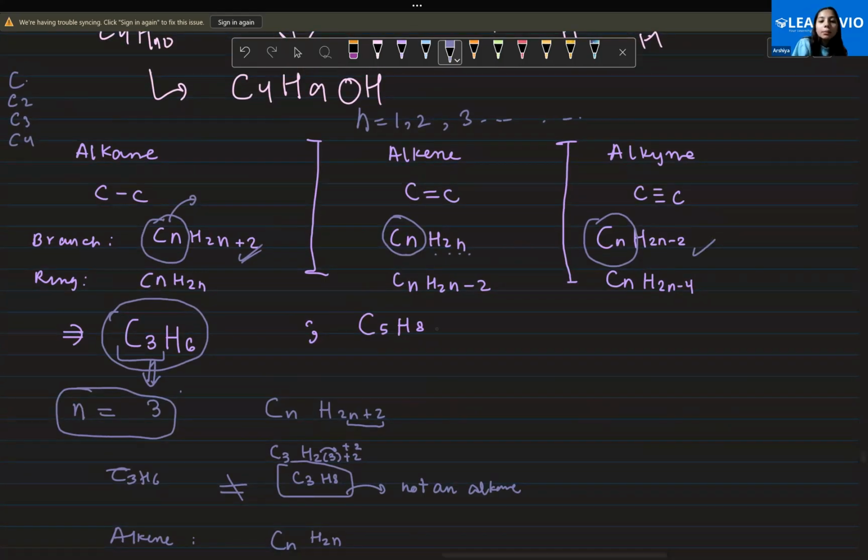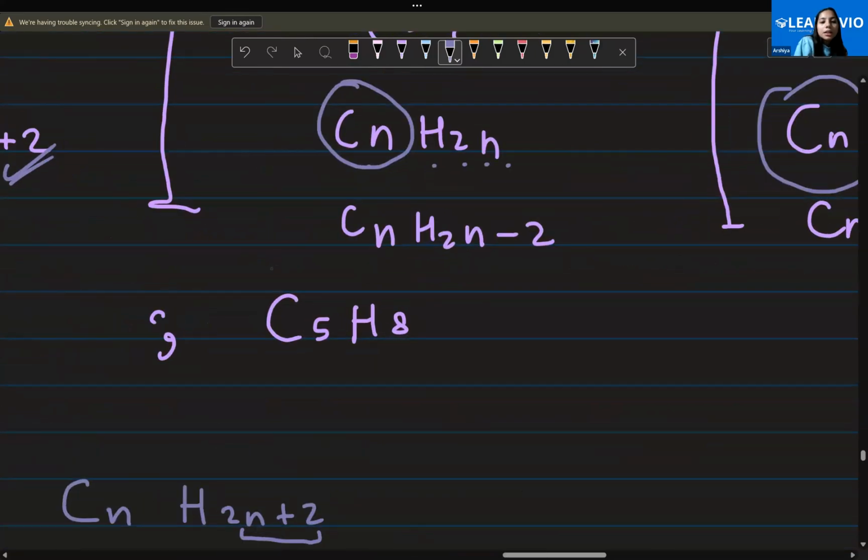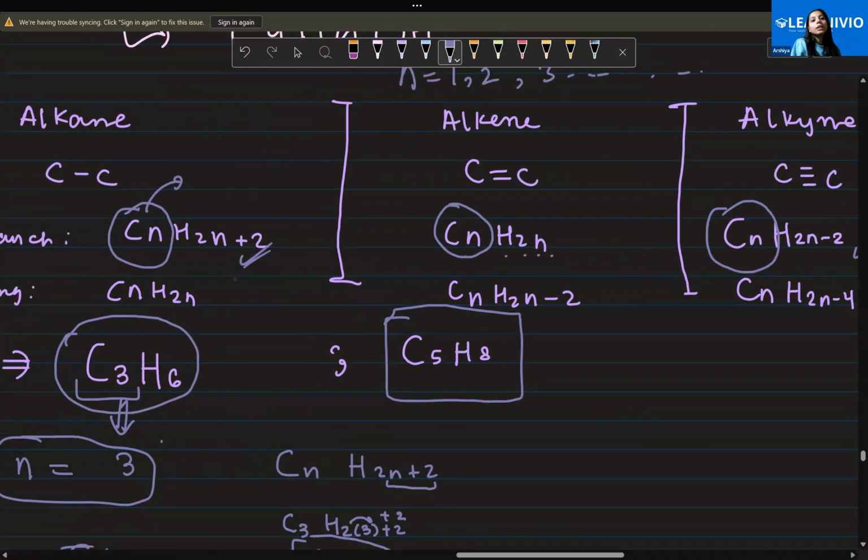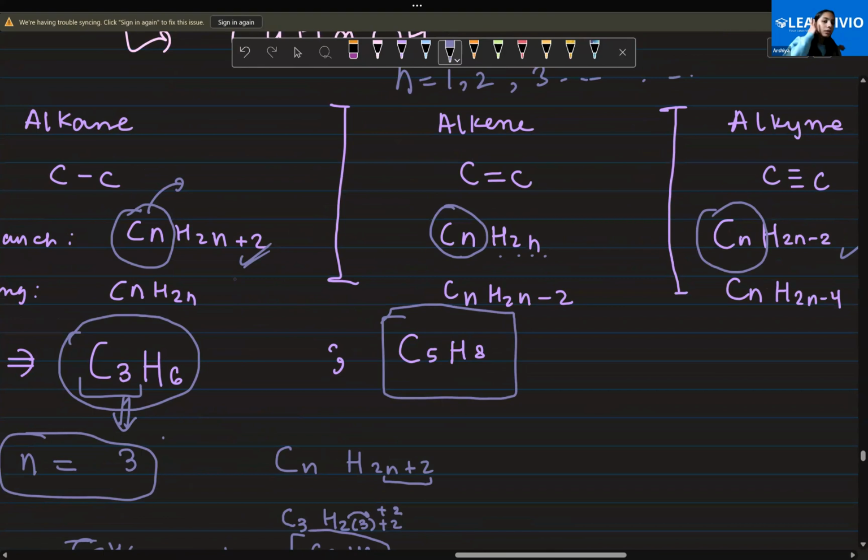If this was still not equal, then we would have applied the other formula as well to check it. Okay, now can you tell me whether C5H8 is an alkane, alkene, or alkyne? Can you solve this?